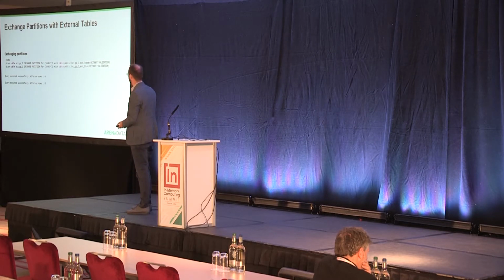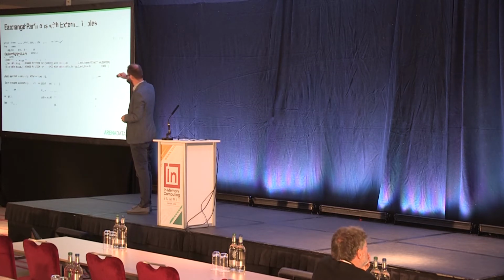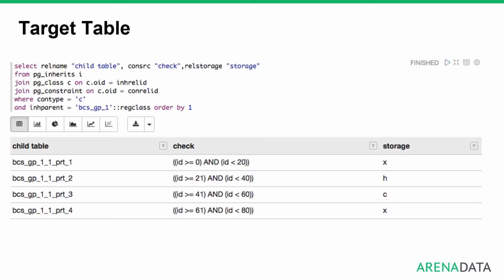Now we query the Postgres system catalog, a simple query selecting the metadata about the table. As you can see, we have the table with four partitions. The first partition, in range from 0 till 20, is external, X storage. It's an external in-memory partition.